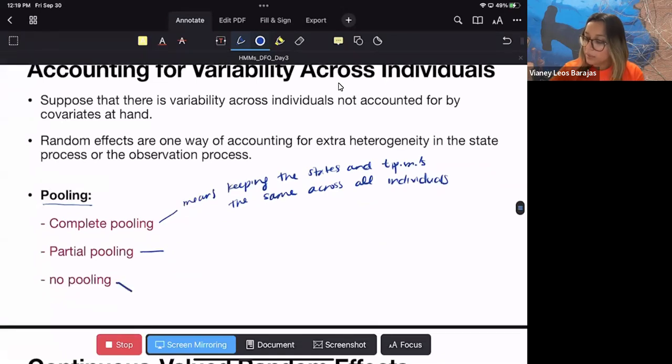So one of the reasons to keep the states and the transition matrices the same across all individuals is that it keeps things simple to interpret.